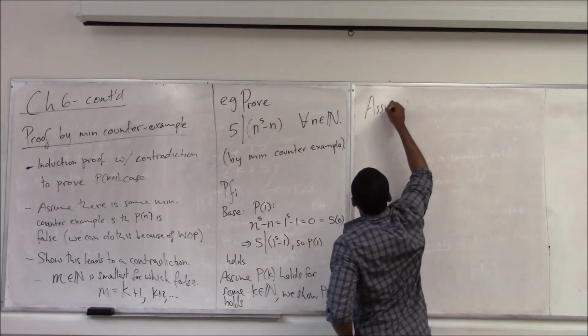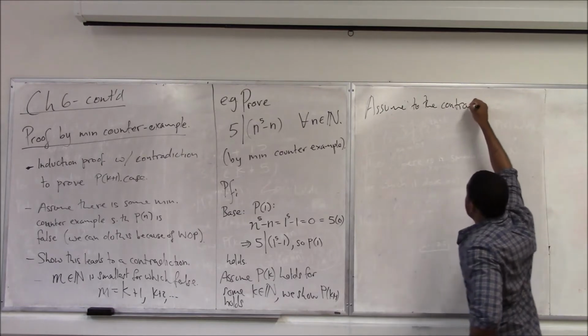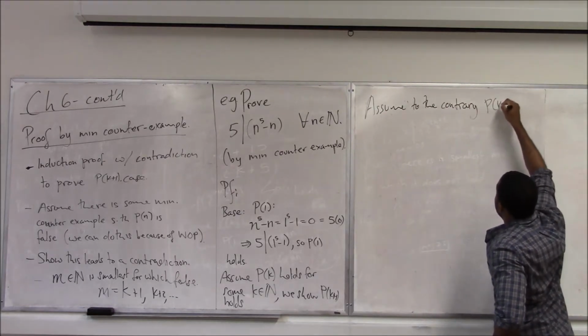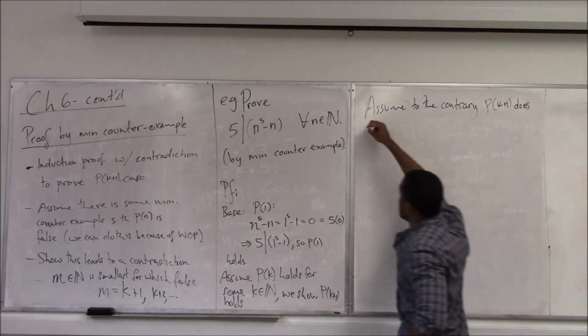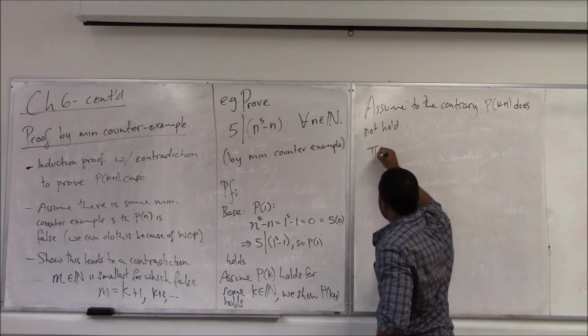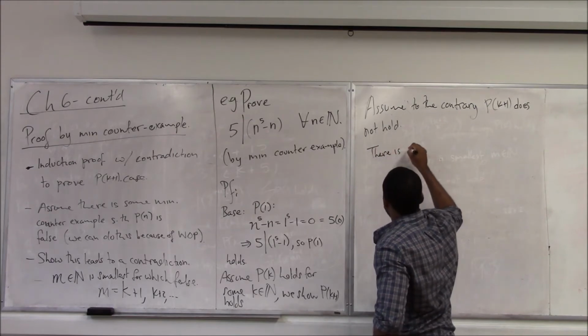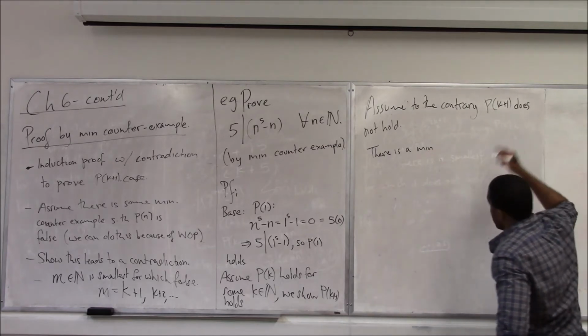Assume to the contrary P(k+1) is not true. There is a minimum. You can even do P(k) if you want.